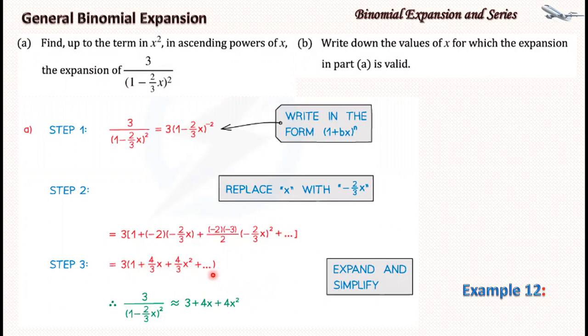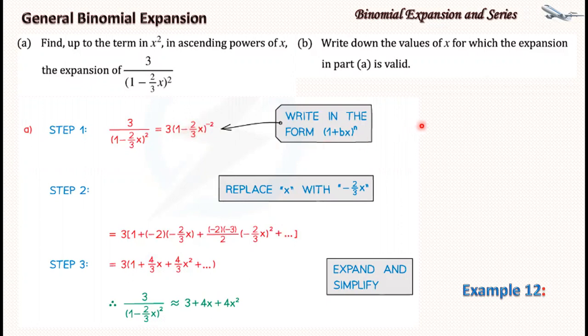So the expansion up to the term containing x squared will be approximately equal to, when we completely expand this bracket, 3 plus 4x plus x squared. So what are the values of x for which this is valid? For the validity, we look at this position here. We already have it in the form 1 minus 2 over 3x to the power minus 2.